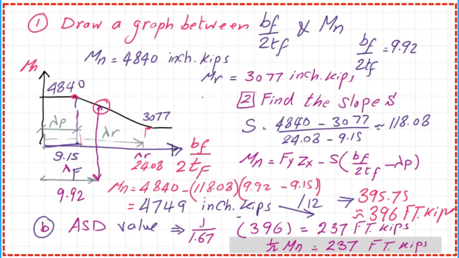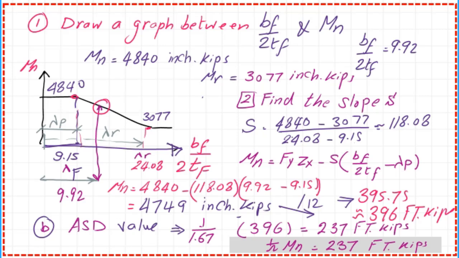We will proceed to the ASD part B side. The value of M nominal is equal to 396 feet-kips. Similar to the process we did earlier, we divide by omega_b. Omega_b is 1.67. We are going to multiply 1 over 1.67 by 396 equal to 237 feet-kips.